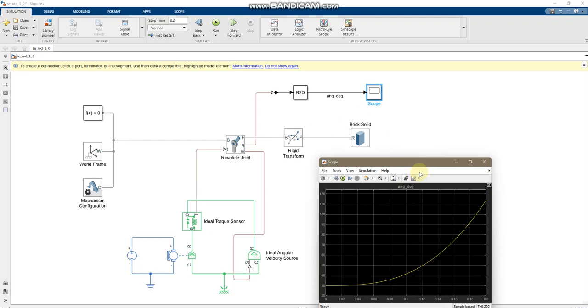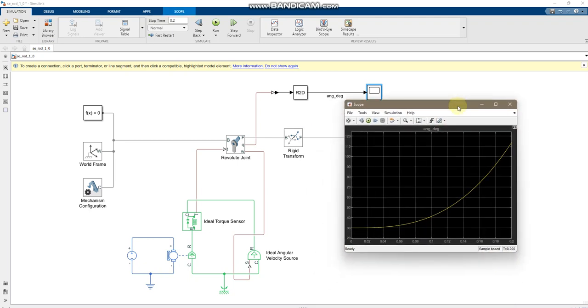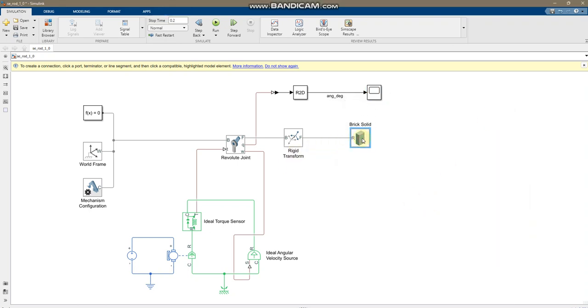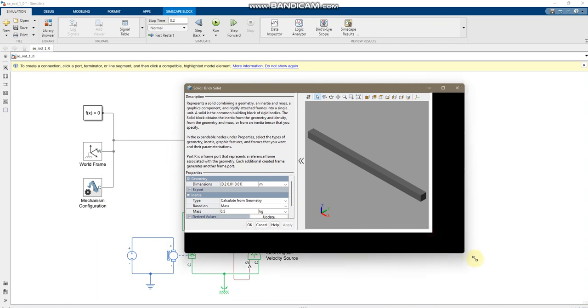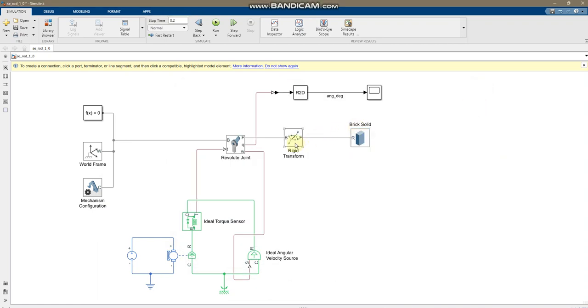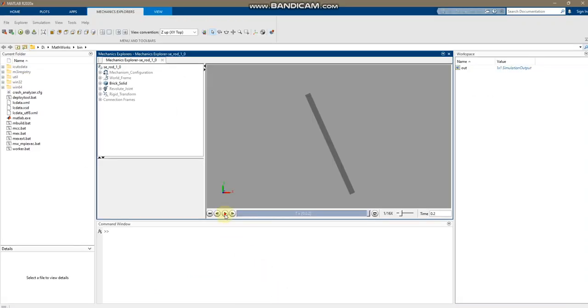If I remember, for our parameters, the angle should begin at 30 and move to around 87 degrees or so at the end of 0.2 seconds. Perhaps I have made a small mistake with regards to the dimensions and the inertia. I don't know for what reason it goes beyond 87. I think I know what the issue is. This end doesn't seem to be fixed. The centroid seems to be fixed.